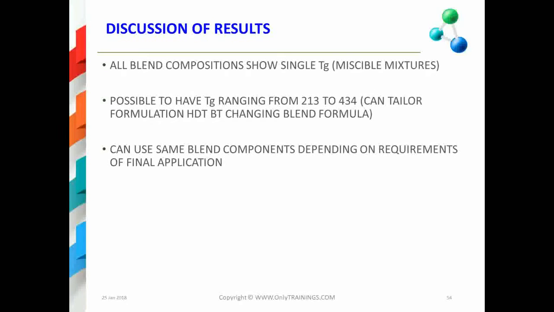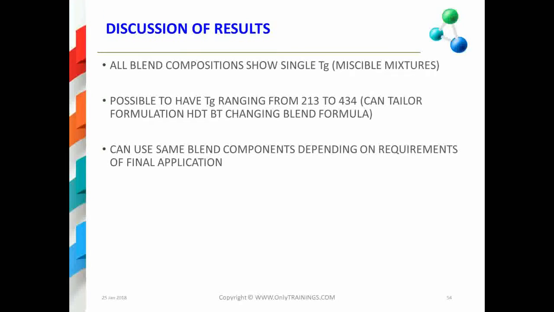For the blends of this case study, it is possible to have material with Tg values that range from about 213 degrees centigrade for the pure Altem material to approximately 434 or 440 degrees centigrade for the pure PBI material.